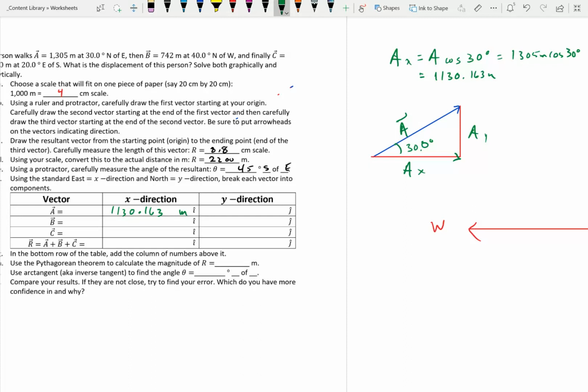Now for the y component, I'll have AY is equal to A sine of 30 degrees because AY is the side opposite 30. So that's 1305 meters sine of 30 degrees, which is 652.5 meters.